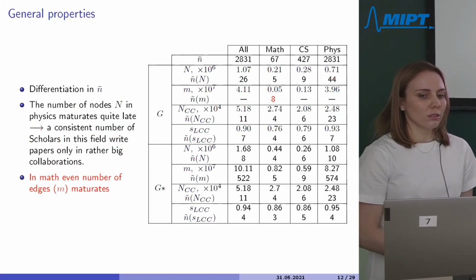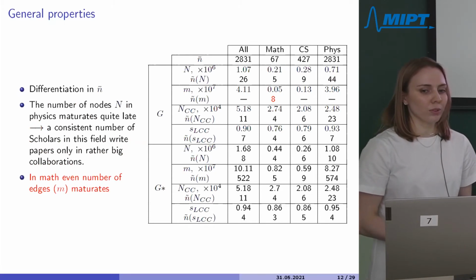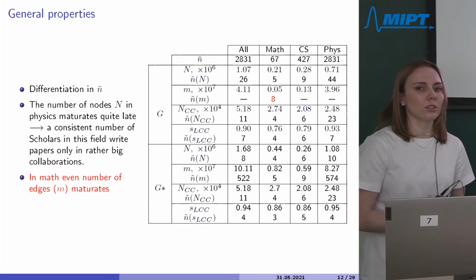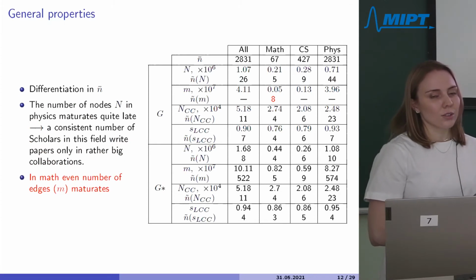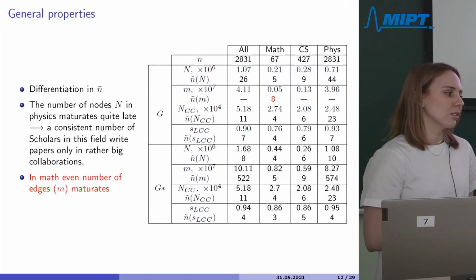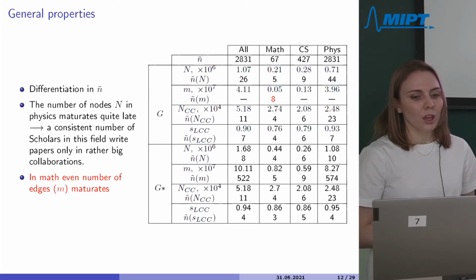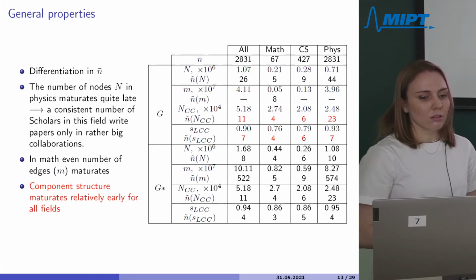Then in math, we see that even the number of edges maturates at the eighth level. So we can say that after level 8, we know about this graph everything.